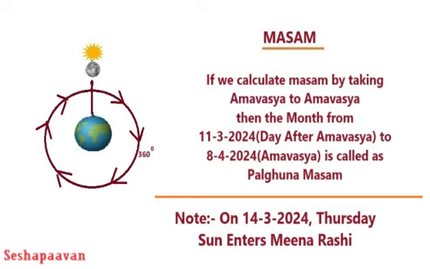Note, because on 14/3/2024 Sun enters into Meena Rashi, this month is named as Palguna Masam. So depending upon the transition of the Sun, the name of the month will be decided.